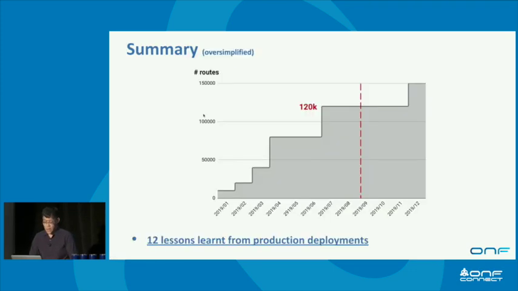So I would like to give a probably oversimplified summary of what we have done in the last year about Trellis. This is just a diagram showing scale in terms of number of routes.